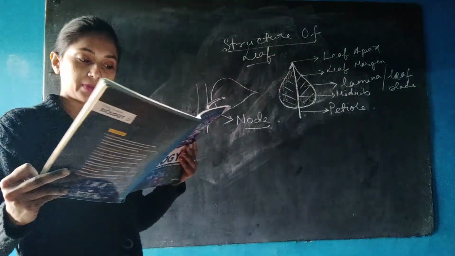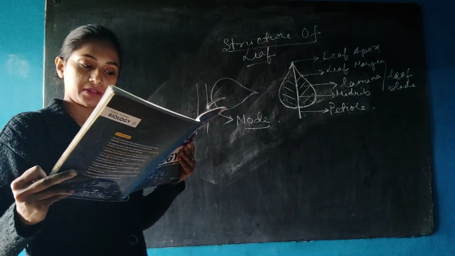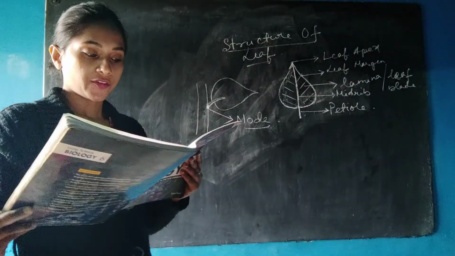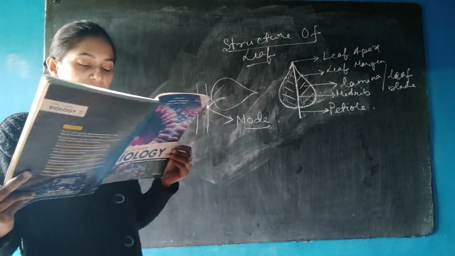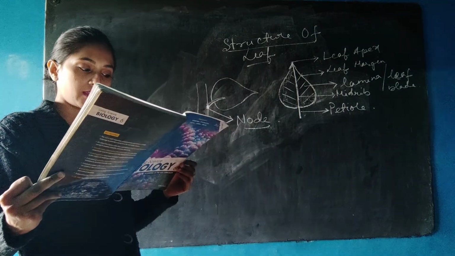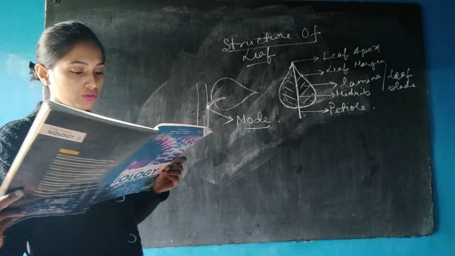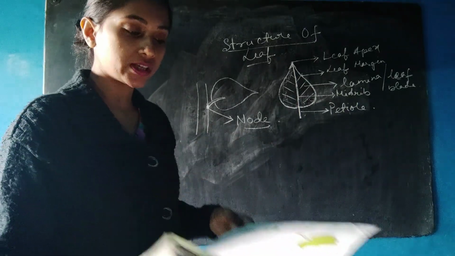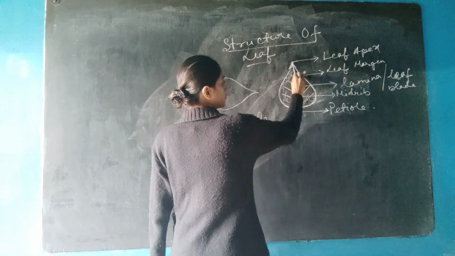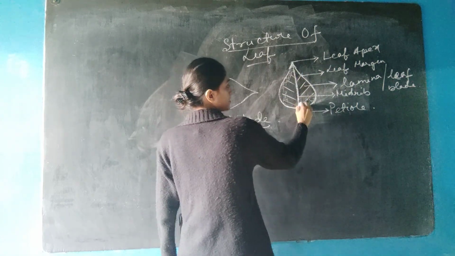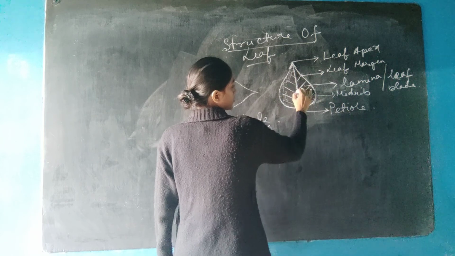Now many lateral branches known as veins arise from the midrib. Now these veins further branch out to form veinlets. The petiole, midrib, veins and veinlets transport water into the leaves from the stem, and they also transport prepared food in the leaves to the stem. See, this petiole is being extended to form the midrib. Now from the midrib there are veins coming out like this.